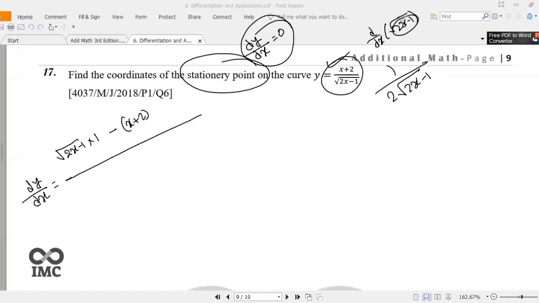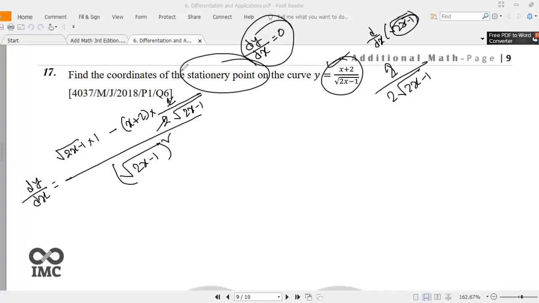Then we need to differentiate this part again. So d/dx of 2x will be 2. So we are using this one here: 2 by 2 root over (2x minus 1). Now we can cancel 2 and 2, divided by root over (2x minus 1) whole square.